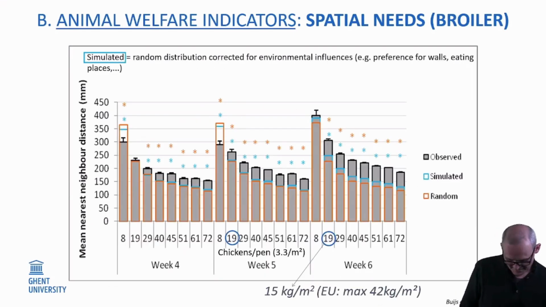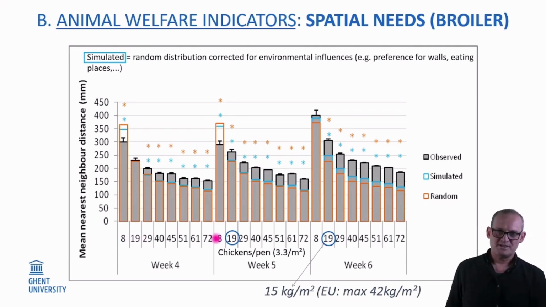So we did a test to see whether that worked. We again kept broilers at increasing stocking densities, going from 8 to 72 animals per pen, and these pens were 3.3 square meters. We looked at the nearest neighbor distance, so how close they were to the closest other animal in the group.